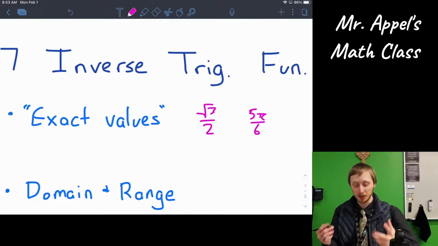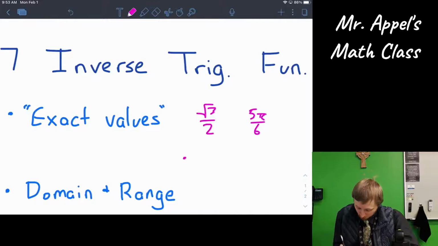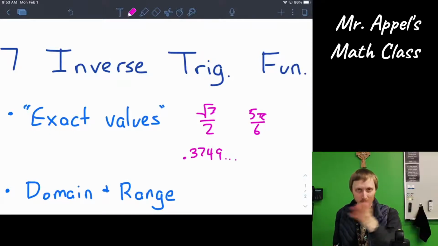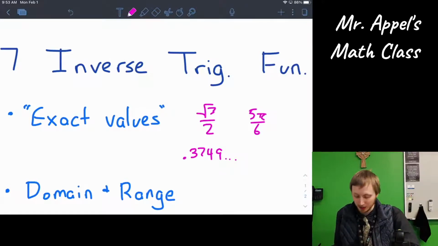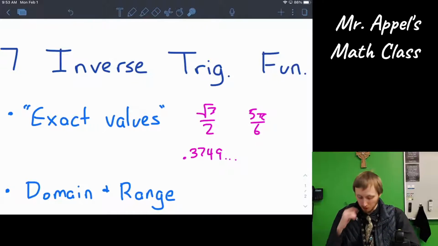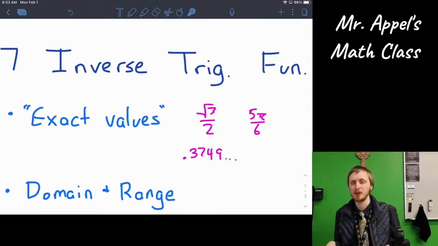We want those numbers. We don't want 0.3749, these infinitely long decimals, okay? We're still dealing with rational expressions, even if we have the radical, okay? We want to keep the exact value format there.